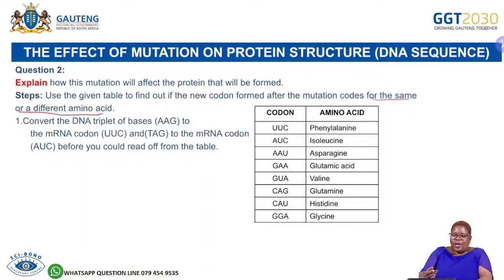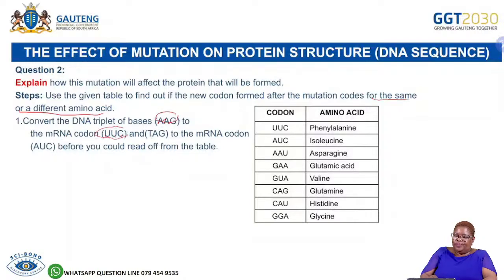You first convert the DNA triplet of AAG to the mRNA codon UUC. AAG, remember A is replaced by U, or A matches with U, A with U, G with C. Then TAG. So convert the DNA triplet of bases AAG to mRNA codon UUC and TAG to the mRNA codon AUC.